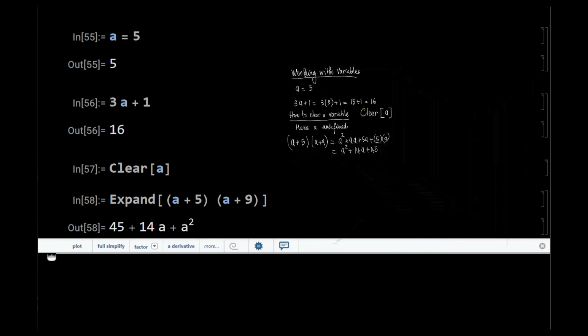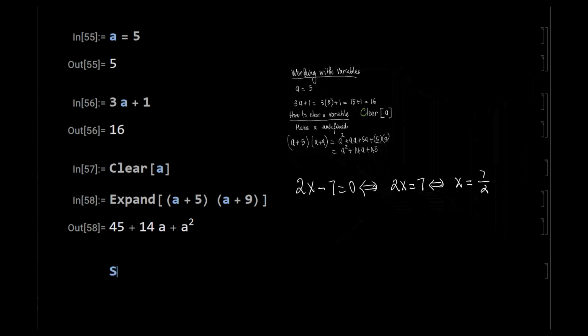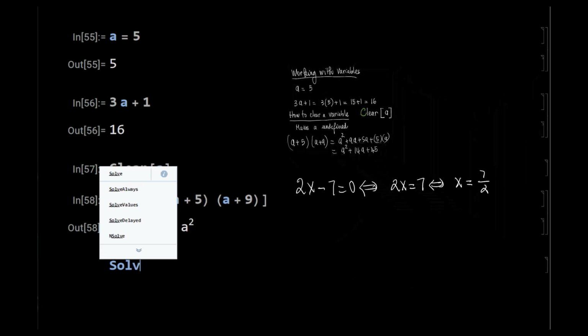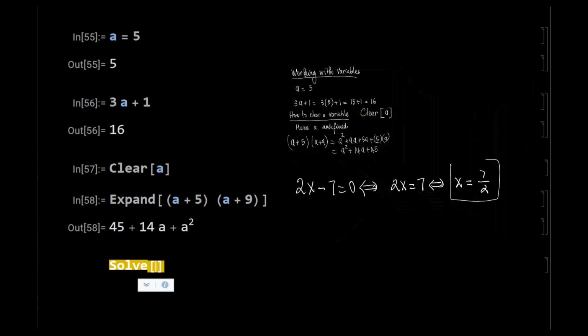Next, let's solve an equation. And to this end, I'm interested in the equation 2x minus 7 is equal to 0. How would we solve such an equation? Let's see. Type capital S, lowercase o-l-v-e, open bracket.